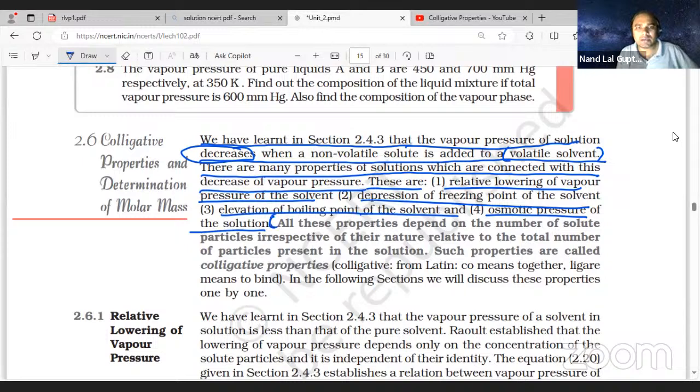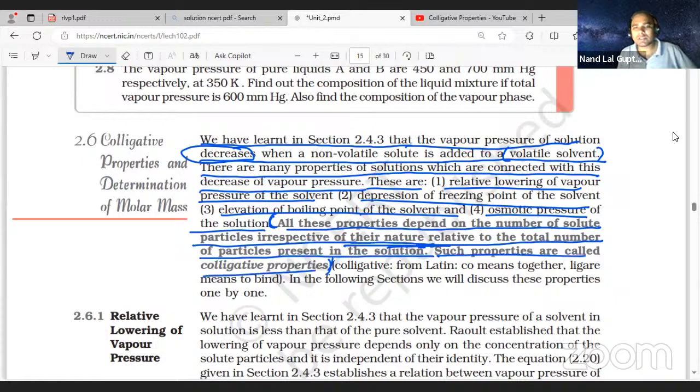Now here they have given the definition. All these properties depend on number of solute particles irrespective of their nature, relative to the total number of particles present in the solution. Such properties are called colligative properties. Understood? Irrespective of their nature.